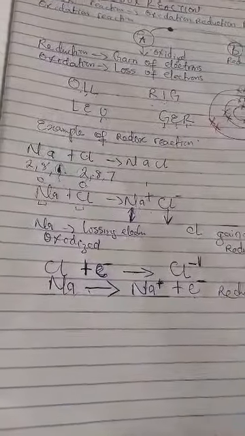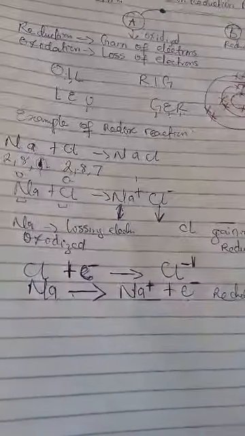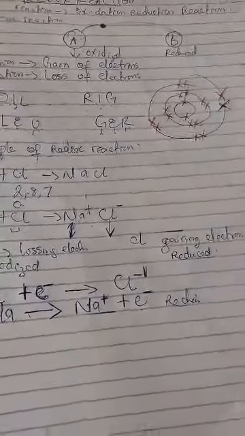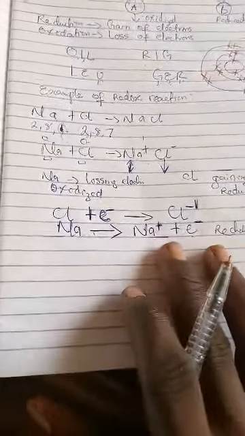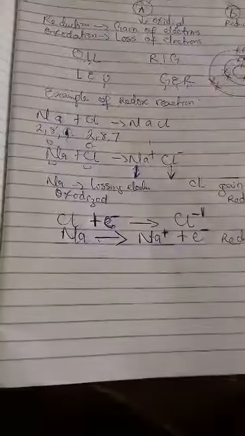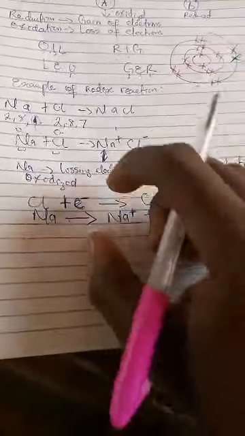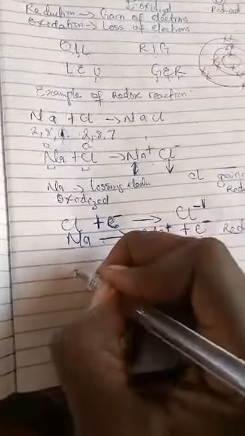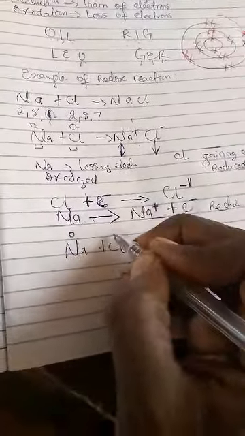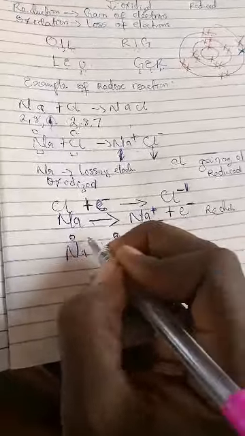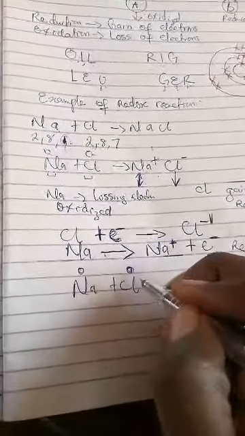Okay, now this is called half equation of the redox reaction. Then if I put the two half equations of the redox reaction together, then I have my full redox reaction. So I will have sodium plus chlorine, having initial oxidation number 0.